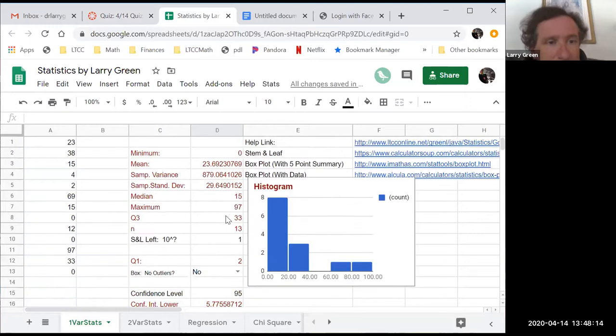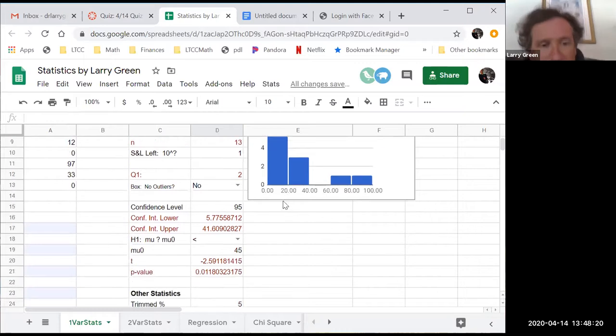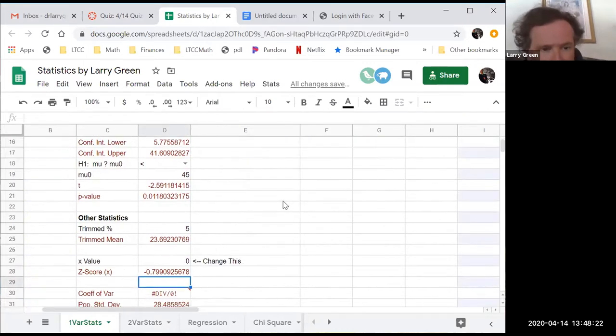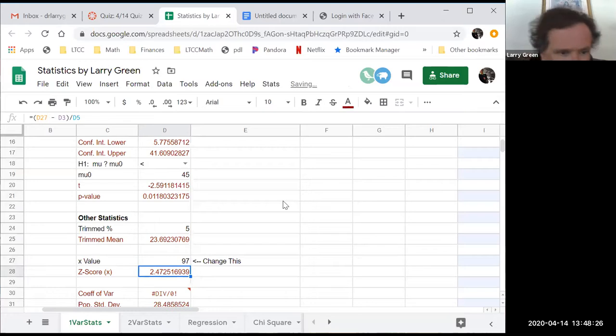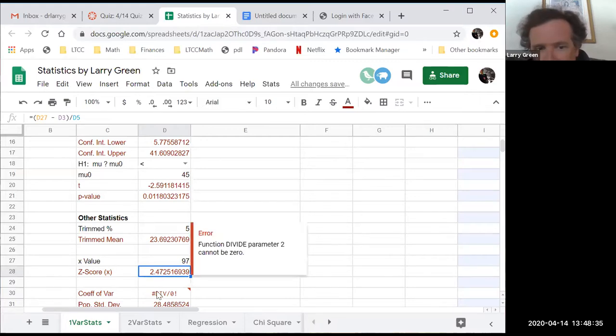So the maximum was 97. So let's go find the z-score for 97. Okay, so is 97 an outlier? What do you think?